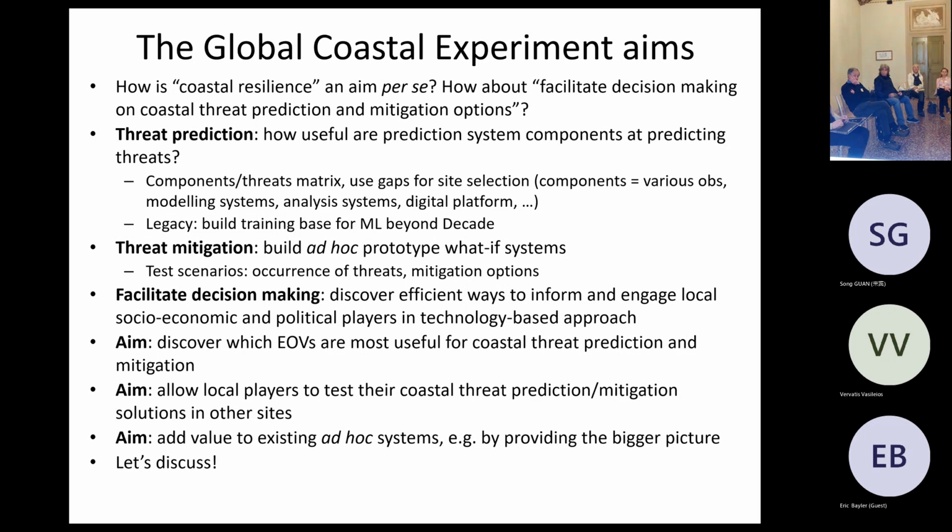So this can be various types of observations, modeling systems, analysis systems, digital platforms, and even down the value chain, everything related with applications and decision making. So I believe that for this, it could be useful to have some kind of components-threats matrix that we probably won't be able to design today, but probably beyond this meeting, work on something like that.